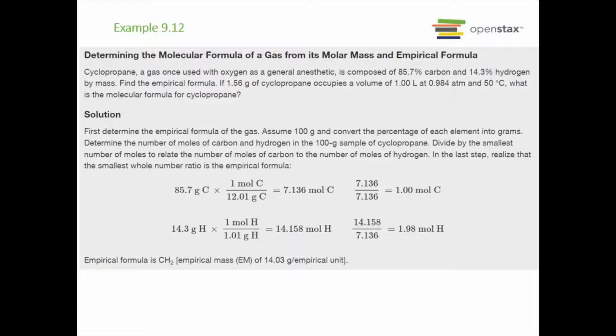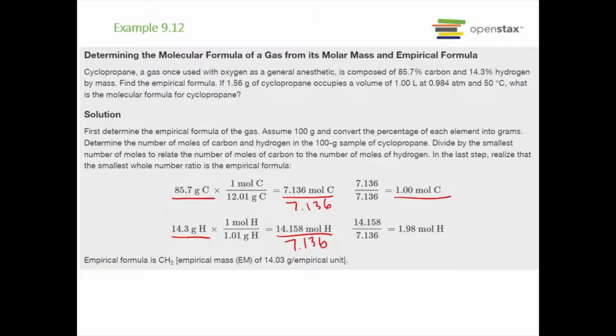So the first part goes back to our first exam in those first few chapters, empirical formula. So you take your percentage, turn it into grams. Take those grams, use their molar masses, turn them into moles. Divide by the smaller number of moles, in this case 7.136.